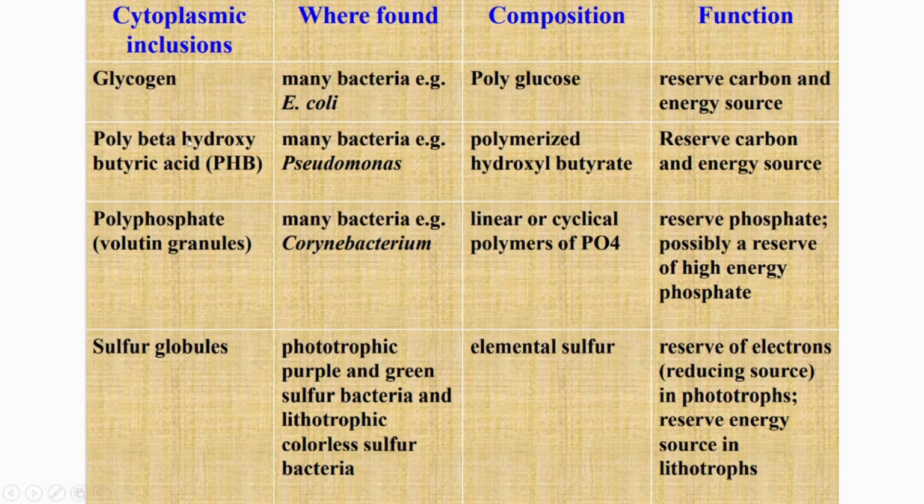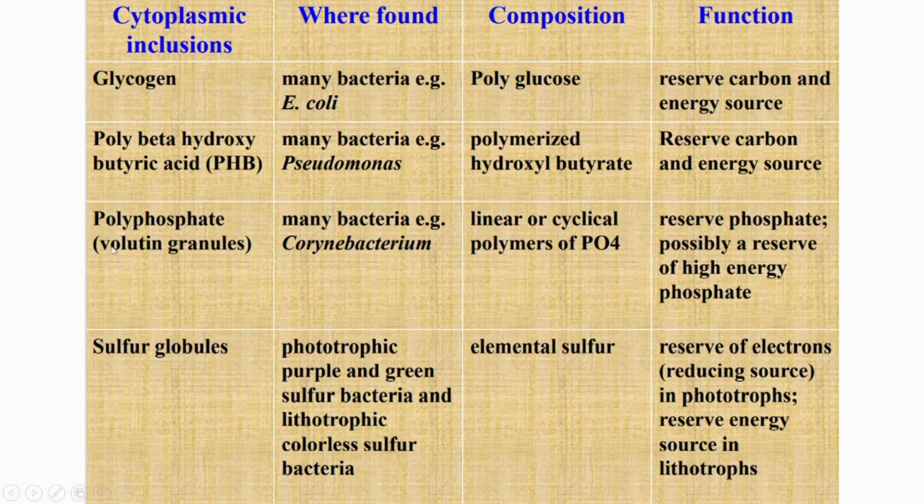PHB, poly-beta-hydroxybutyric acid, is found in many bacteria, for example Pseudomonas. It also reserves the carbon and energy resource. When there is exhaustion of carbon source, then this PHB releases the carbon and provides it to the bacteria.